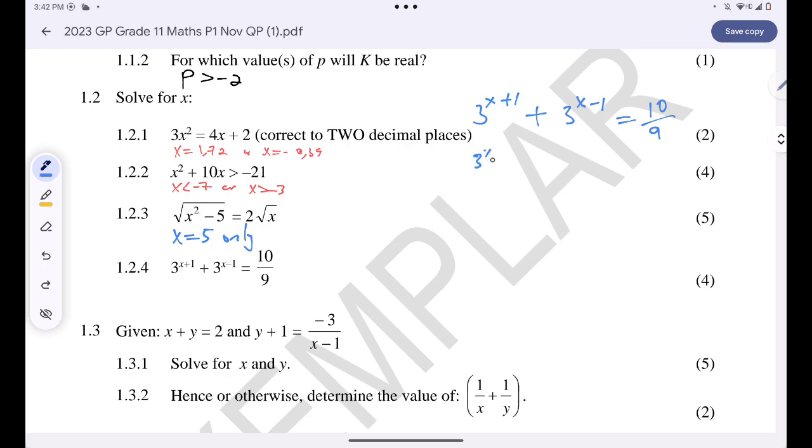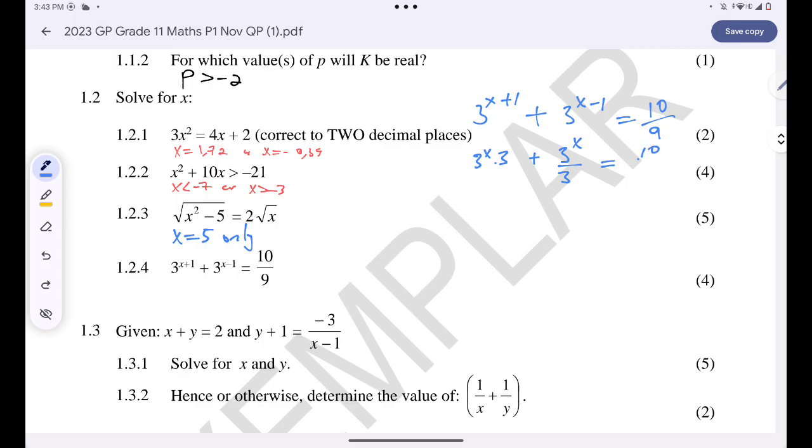So we'll simply have 3 to the power x multiplied by 3. Are we together? And then on the side, you have your exponents subtracting one another. It simply means that you had two numbers dividing one another, and they had the same base. So the situation was 3 to the x all over 3 to the power 1.